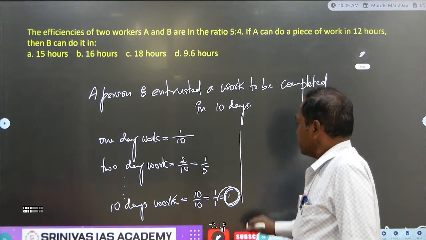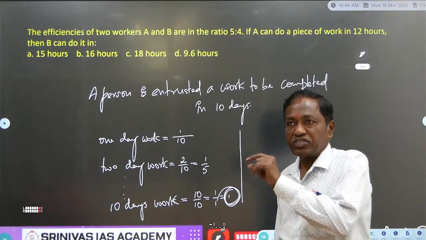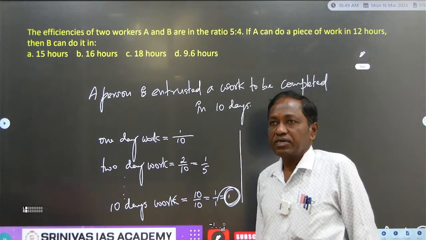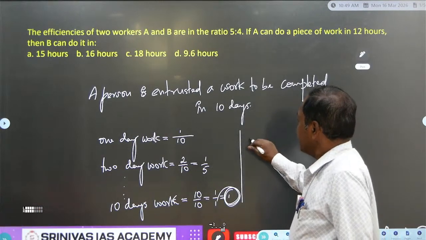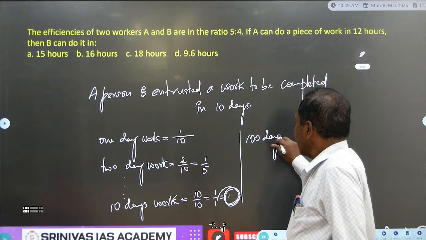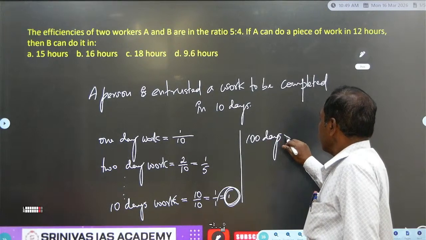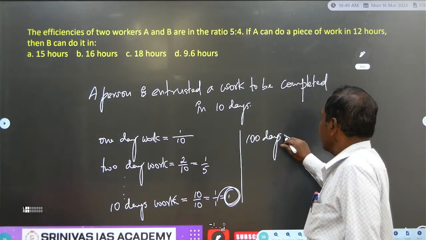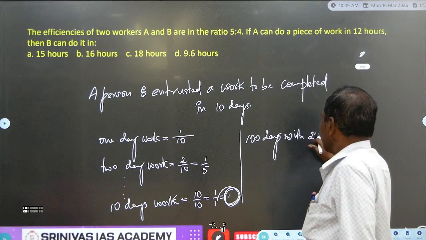Sometimes the government will ask a contractor to finish the construction of a metro station in a certain period of time. The contractor says he needs 100 days to complete the work with 25 workers.